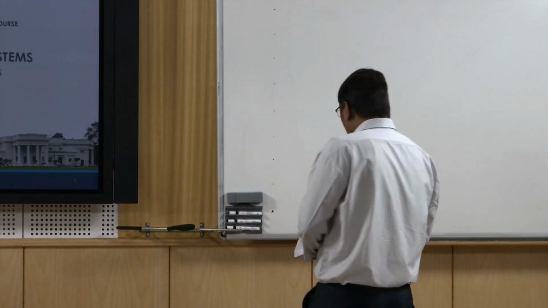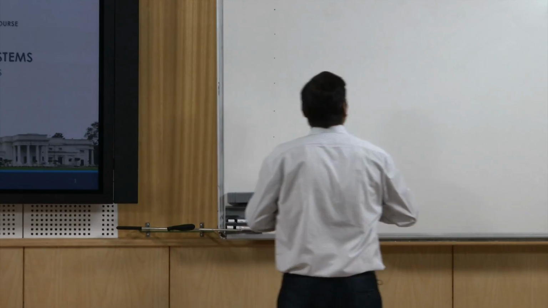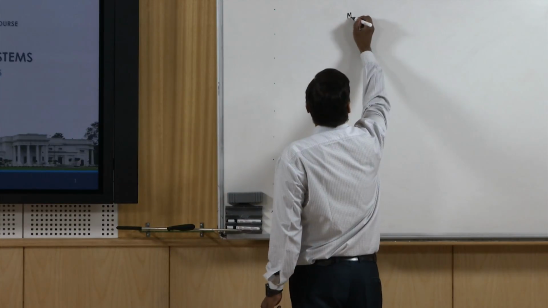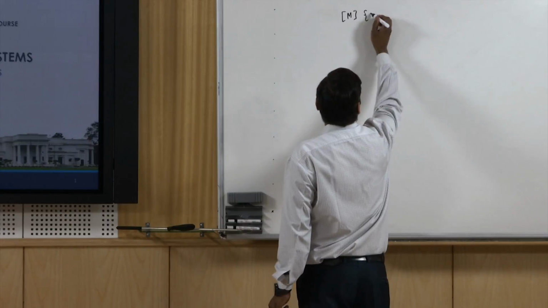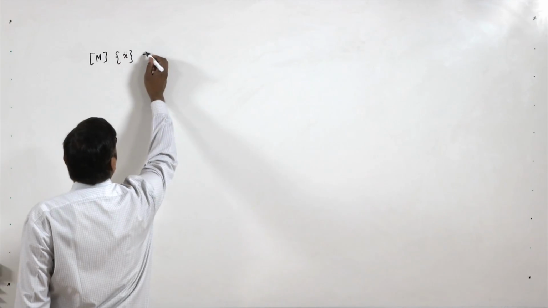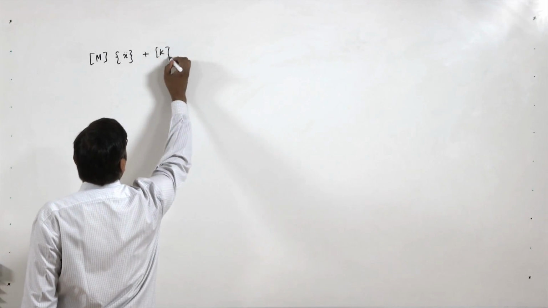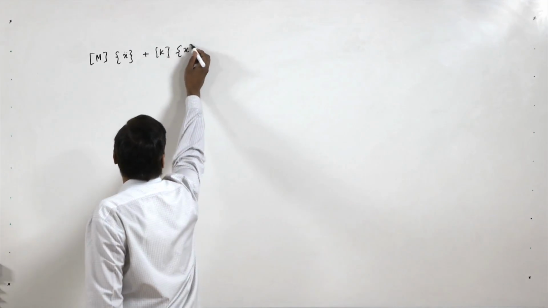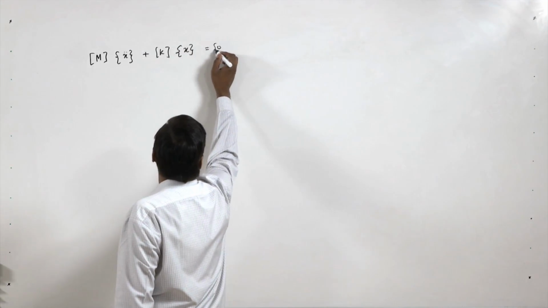So for a spring mass system, that is an undamped multi-degree of freedom system, we have already derived the equation of motion that comes in the form of a matrix. So the equation of motion is M x double dot plus K x equal to 0.